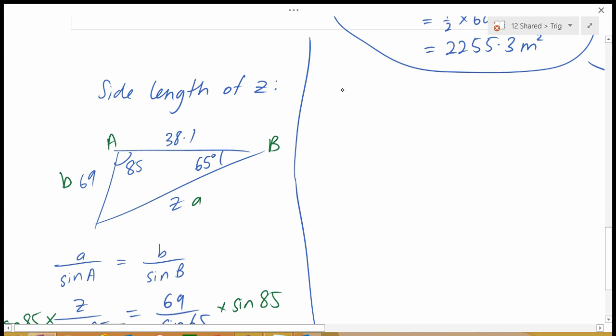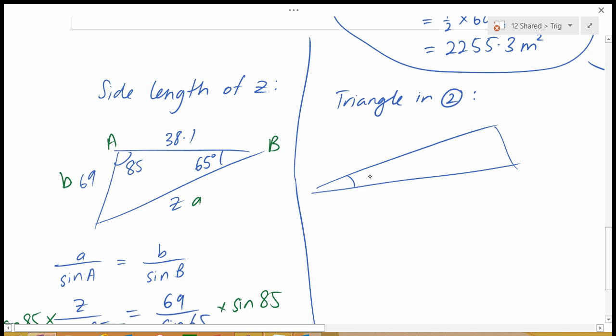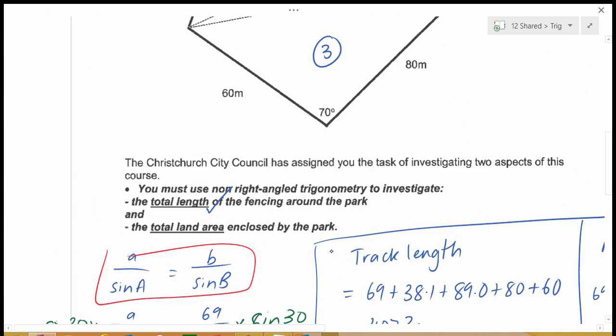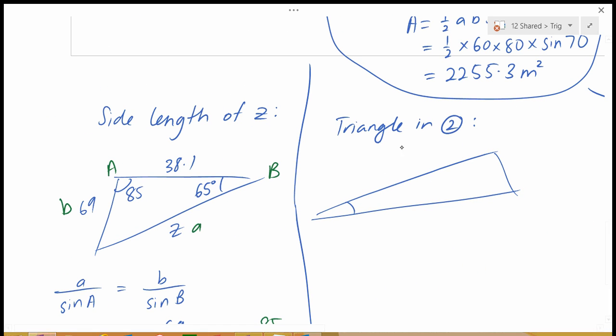So we'll say triangle in part 2, and it looks something like this, where that angle we're told is 63 degrees, and we worked out that this side is 75.8 meters and this side is 82.0 meters.